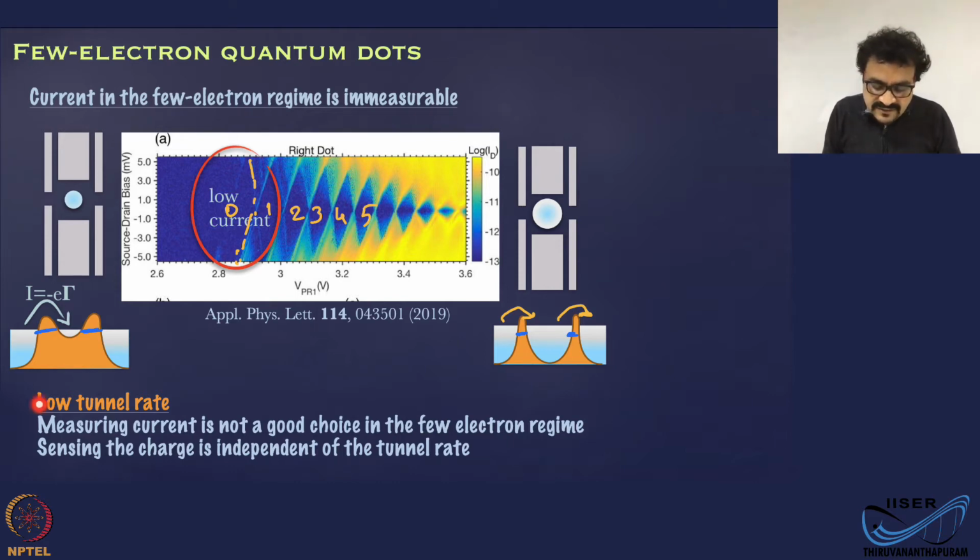So what we have is a very low tunnel rate. Measuring the current is not a good choice in the few electron regime, and you will see that very soon. But what you can do is actually sense the charge. You can see whether there is an extra electron there or not.